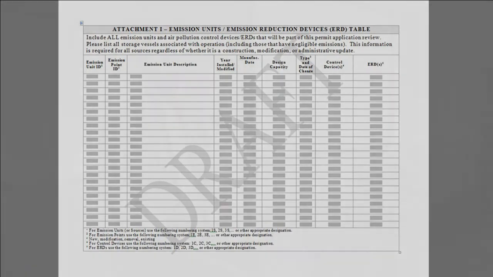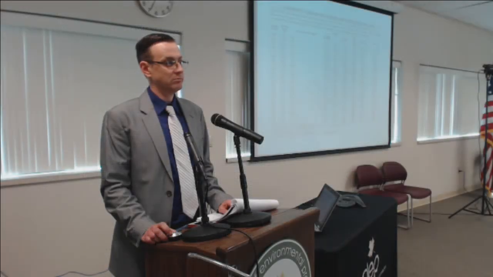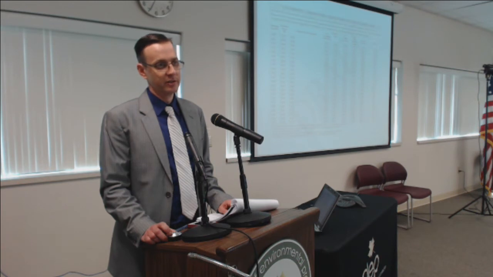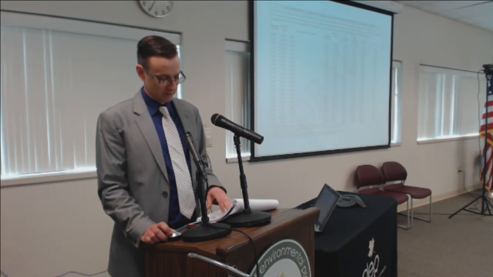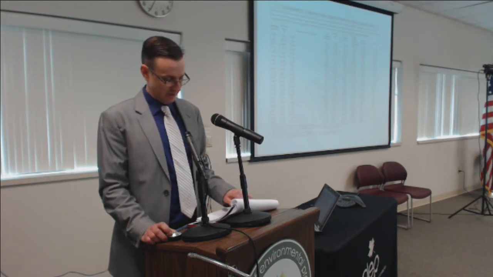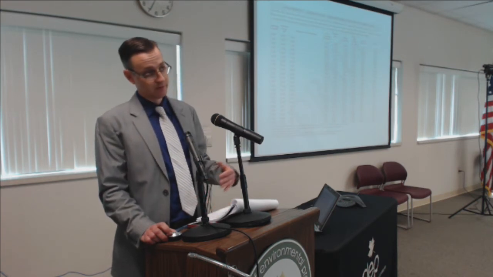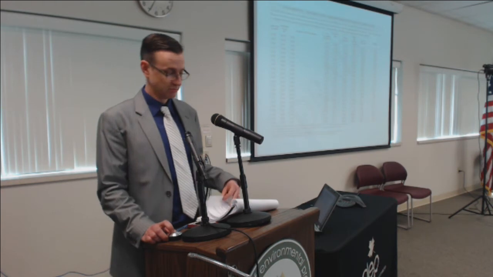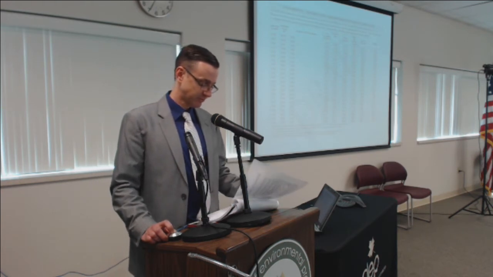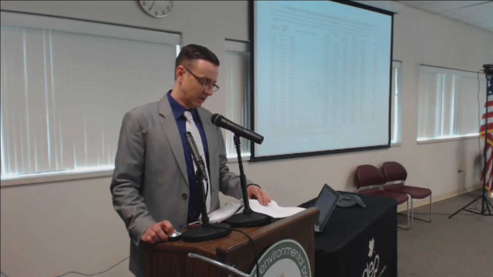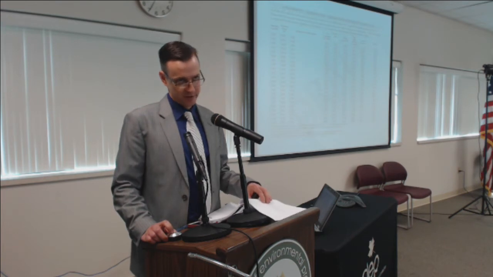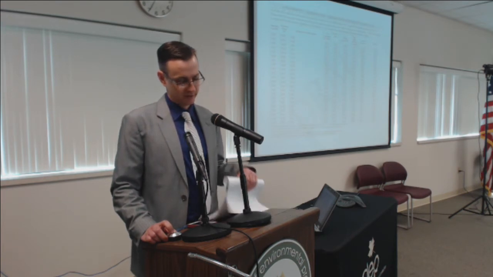Like, is it going back to flame zone of the reboiler if it's a D-high? Whatever it may be, all that needs to be indicated on this particular form. And if you have more emission units than what fits on this form, just use multiple forms. But that form is in Word, so you should just be able to tab one down and just create as many lines as you like.